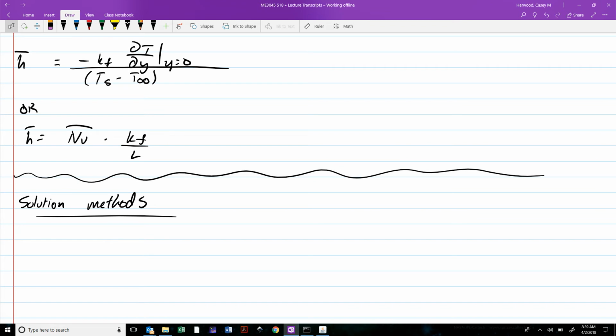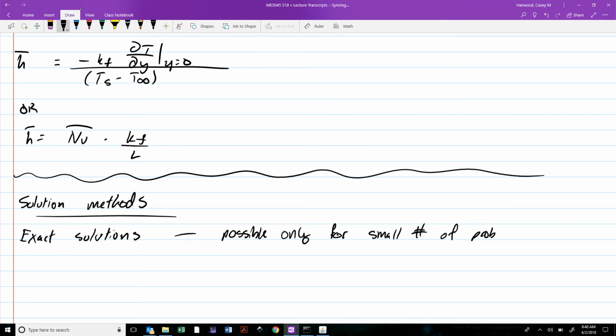Exact solutions in general work only when we have one of a very small subset of very simple problems, so they're possible only for a small number of problems.